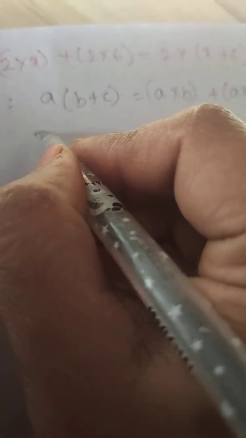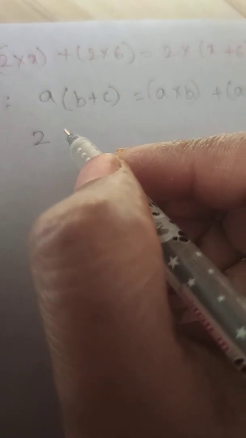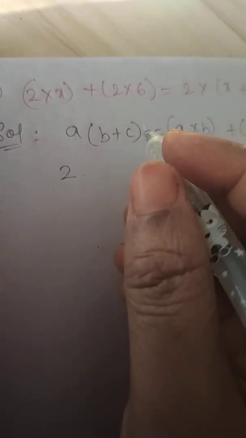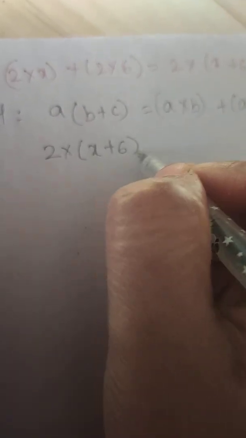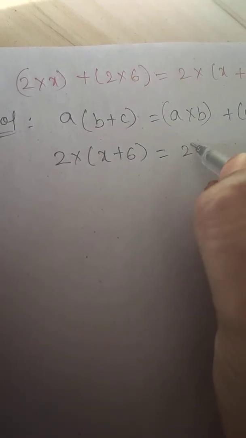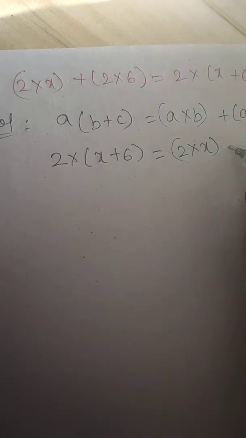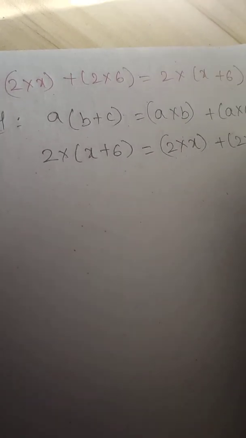Okay, 2 into x plus 6 should be equal to 2 into x plus 2 into 6.